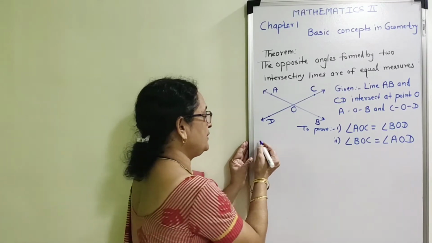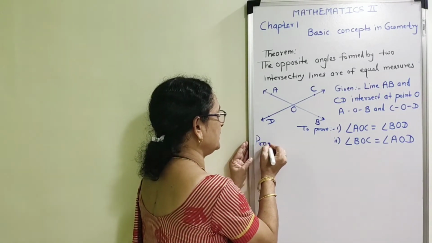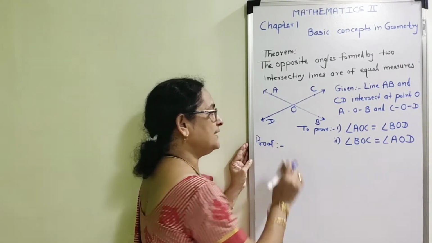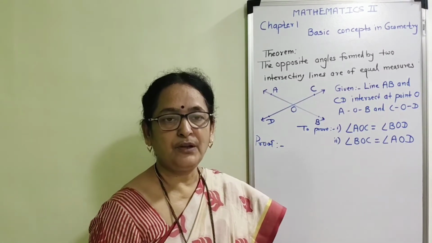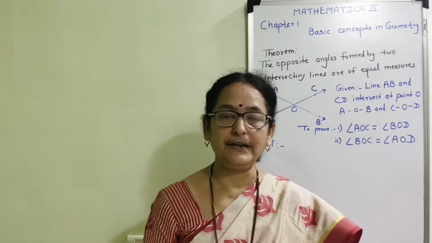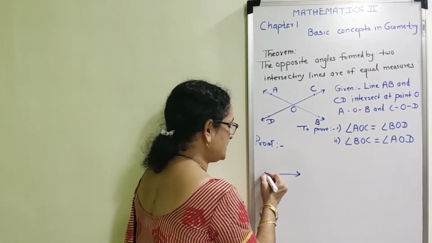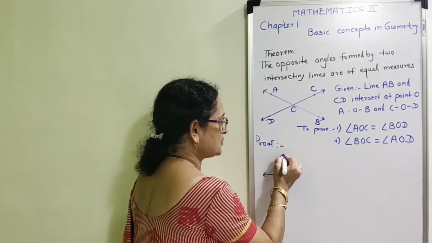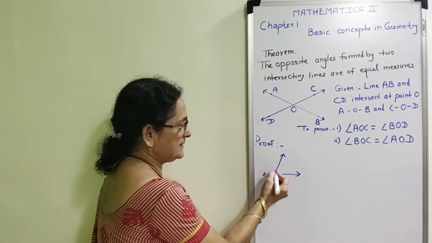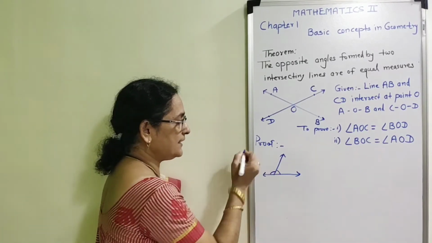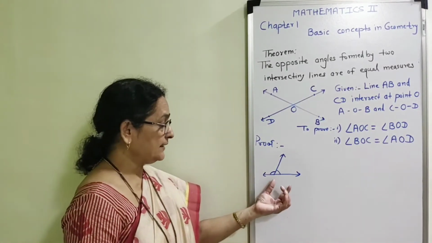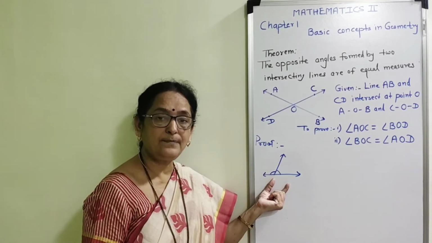Now we are going to write the proof of the theorem. Here I am using one important property which you have already completed in 8th standard. Observe the figure on the blackboard. Suppose I have taken two such angles: this is one angle, this one is the second angle. These two angles are said to be in a linear pair.